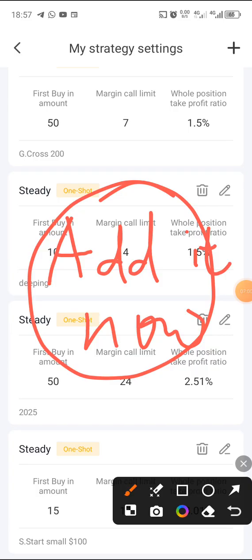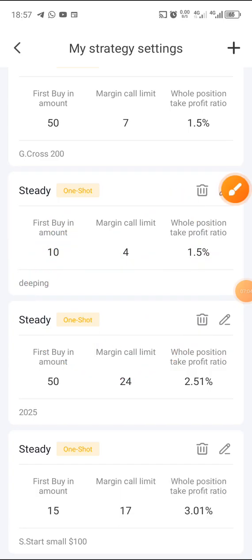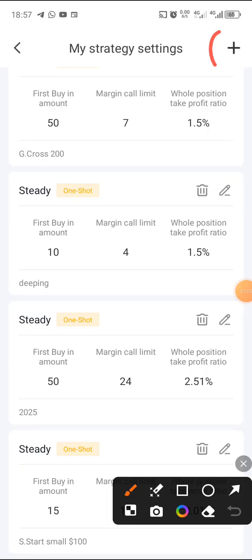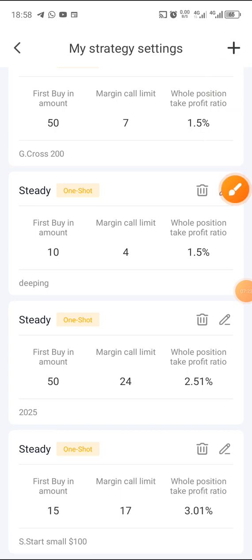So for me, since I already have my strategies saved, I'm going to just come here and tap on this plus sign so that I can add another strategy, and it applies to all of you that have any strategies saved. You just come and tap on this plus sign so that you can add another strategy.